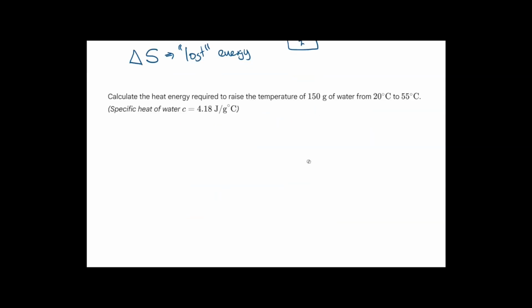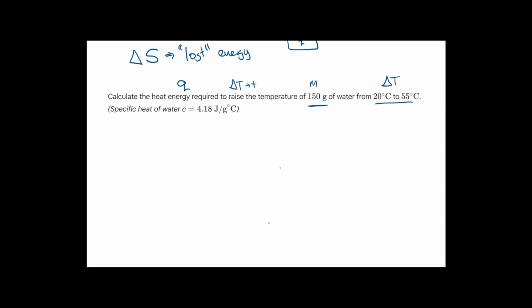The best way to investigate things or to do them is to do actual examples. So let's do a few. So we're asked to calculate the heat energy required, so that's going to be Q, to raise the temperature, so therefore change in temperature is going to be positive, of 150 grams of water. So mass is going to be 150 grams from 20 degrees to 55 degrees.